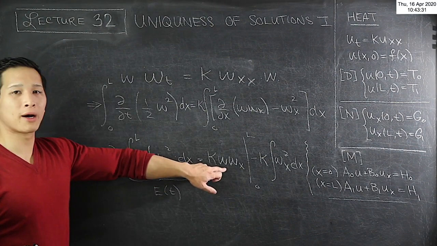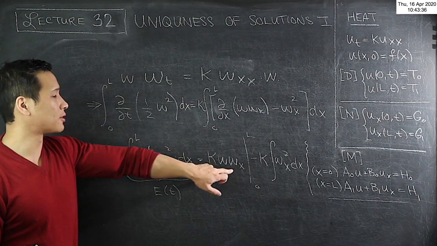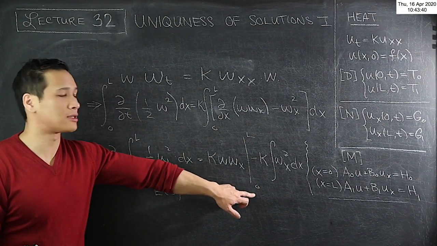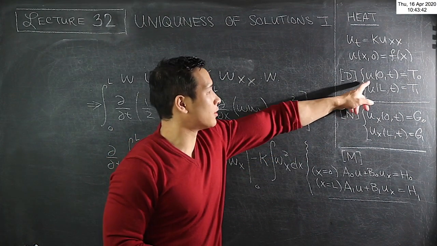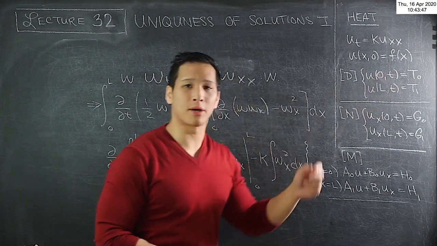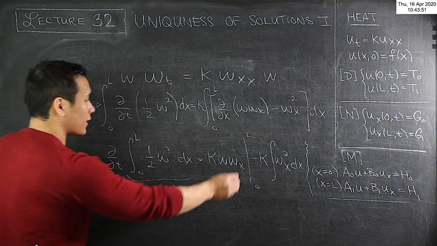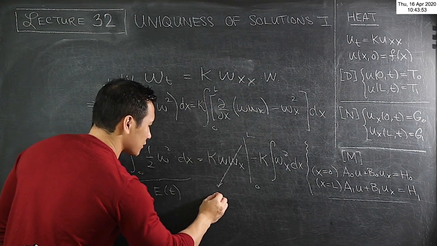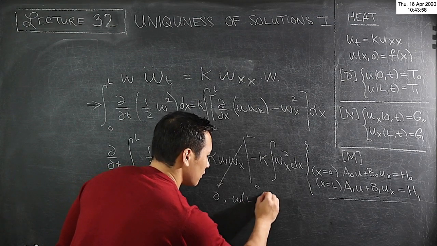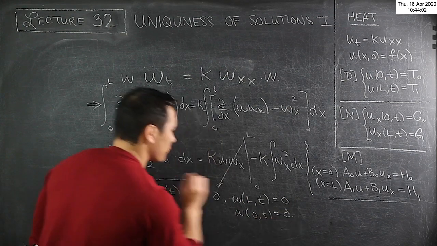But you know by the boundary conditions that w at the L endpoint is equal to 0, and w at the 0 endpoint is equal to 0. We wrote the Dirichlet conditions using this quantity here. You remember that w is u minus v, so it's t naught minus t naught, and so this is 0 at either end. So in fact, this term is equal to 0, because w of L and t is 0, and w of 0 and t is 0.